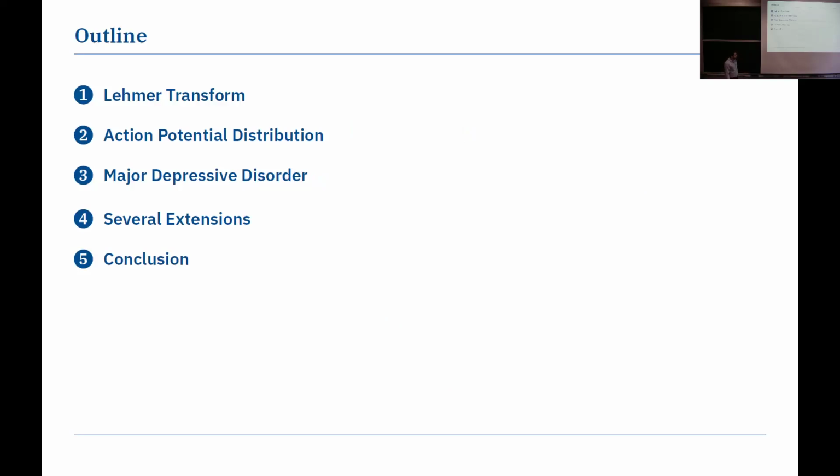So the plan is that first, I will lay out the foundations of Lehmer transform, and then use it to construct a new family of distributions known as action potential distributions. And we will use these distributions to analyze the EEG signals for major depressive disorder. I will also go through several extensions that we were able to develop, and I will end with concluding remarks.